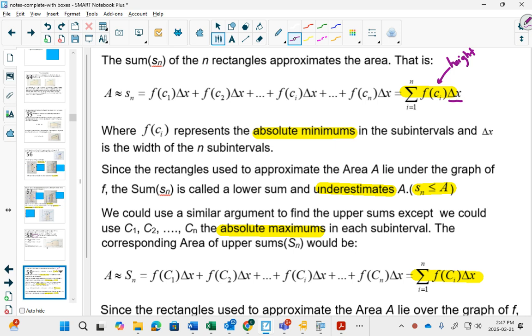And that's going to depend on which value you choose. In this example, the f of c1 always chooses the minimum point on that little subinterval. That way we're guaranteed to have our sum be an underestimate. Does that make sense that if in any little tiny bit of your graph, you always took the minimum point and made the rectangle with the minimum, you guarantee that your rectangle will be too small.